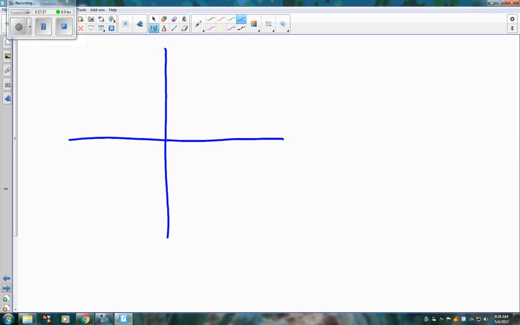Alright, so if I graph my 2 equations, 12 minus 6 is plus 6.